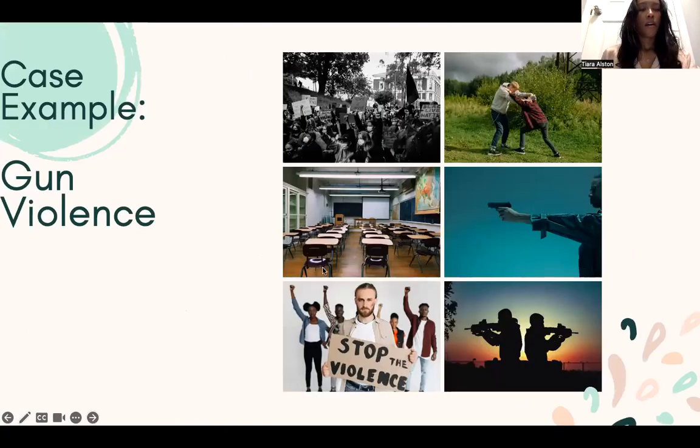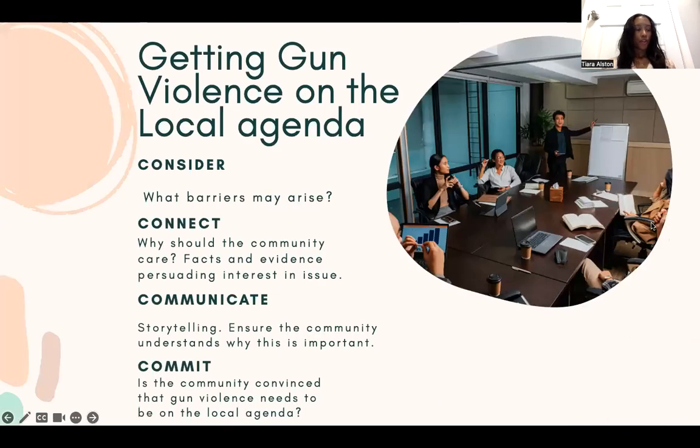So a case example that I have prepared, I decided to use the example of gun violence, and we're going to walk through the 4 C's of strategic persuasion in this example. So starting off with consider, the issue you want covered on the local agenda is gun violence. So we're going to let that sink in.